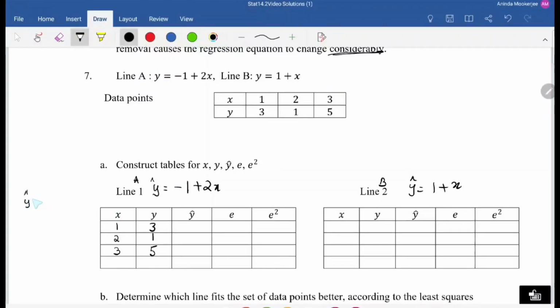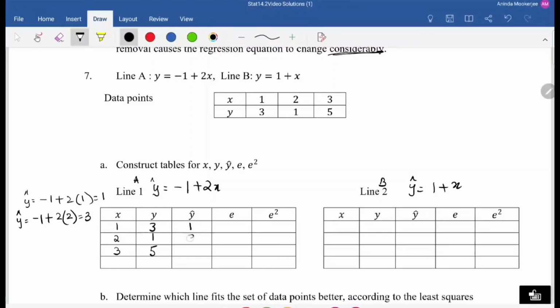So y hat will be negative 1 plus 2 times positive 1, which is negative 1 plus 2, a positive 1, correct? So y hat is going to be 1 for the first one. The next one is y hat equals negative 1 plus 2 times 2. That's negative 1 plus 4, which is 3.